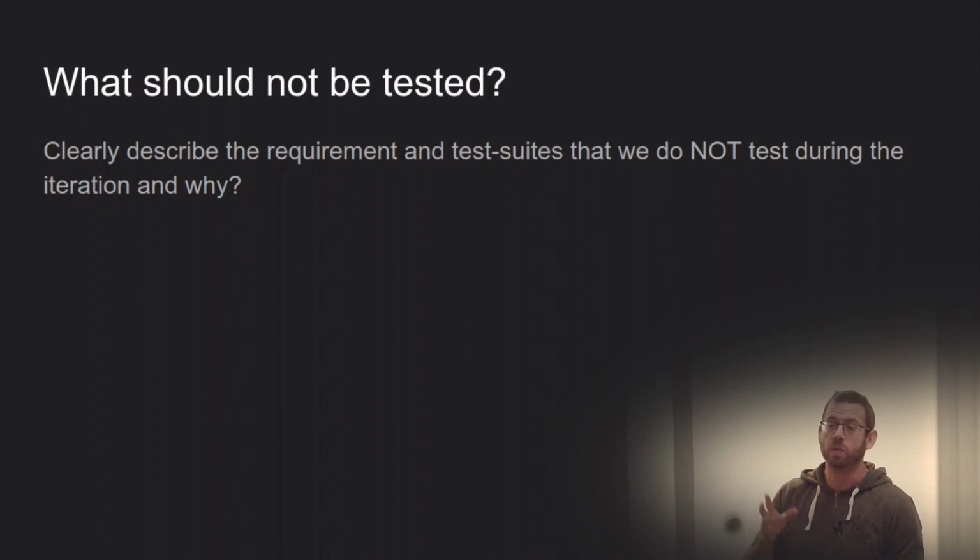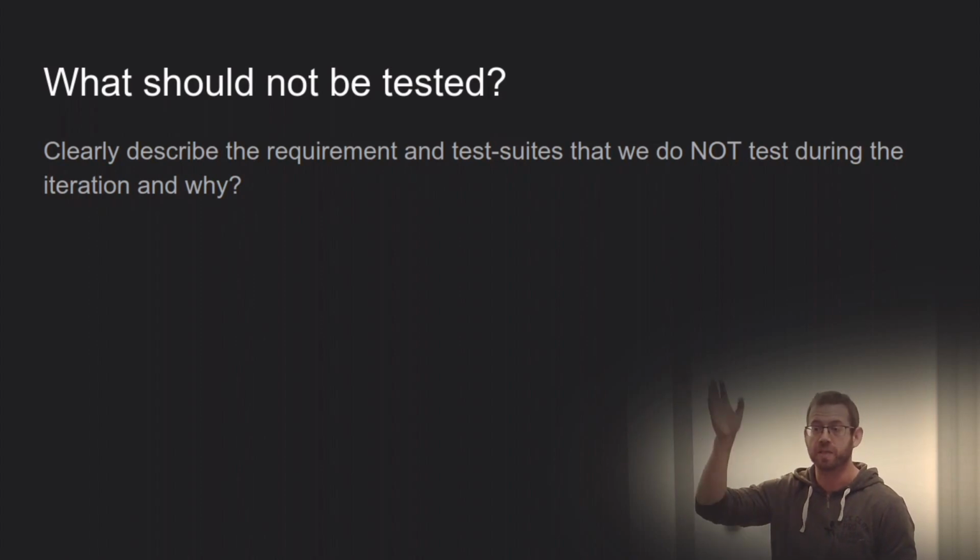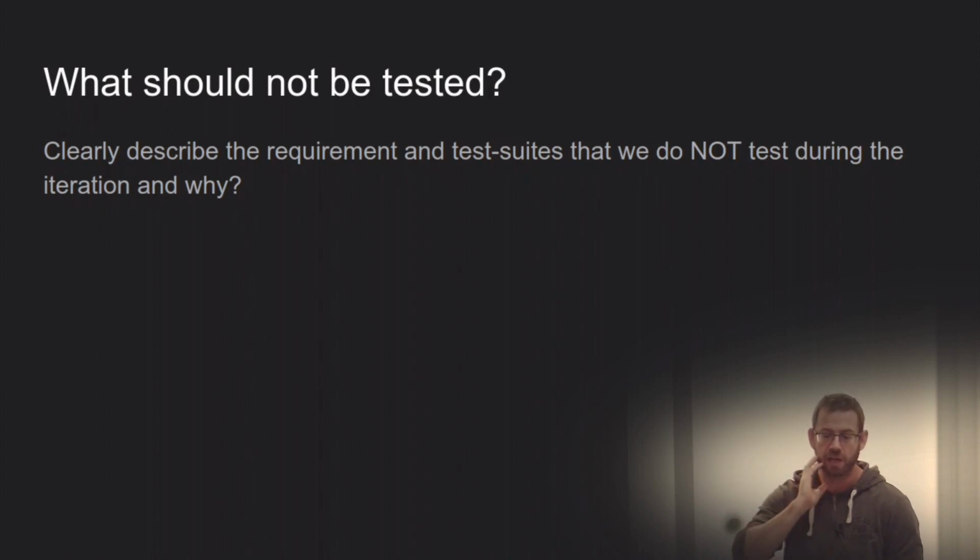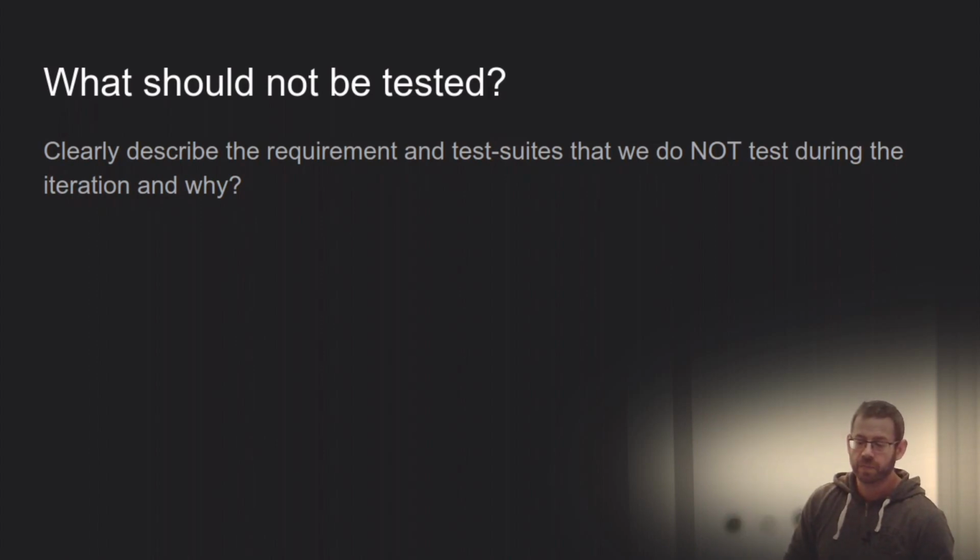But we can also write about things we don't test. If we have a good visualization of all the requirements, we can clearly show, perhaps with colors, what we test or intend to test, or not. And we need to motivate these also. Why didn't you test this requirement?